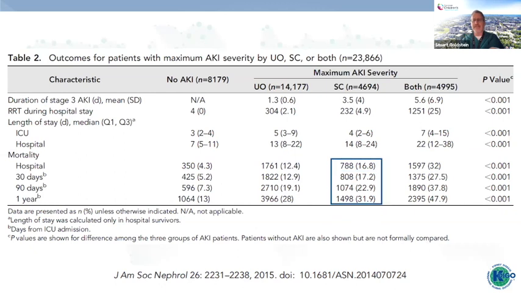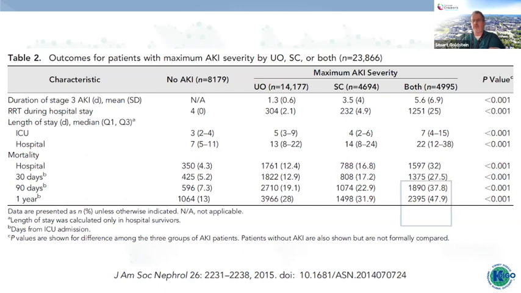And looking at the serum creatinine criteria as well, if it were the creatinine criteria alone that drove the maximum AKI severity, you can see an increased rate of mortality at each of those time points.